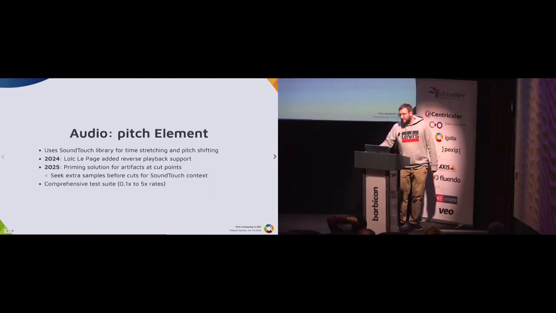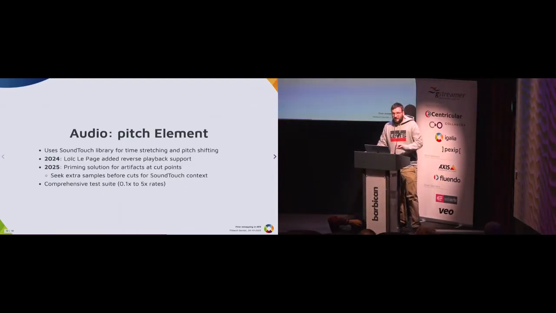And in the end, what we needed is to seek a bit before on the cut points, so that we could have the necessary context to avoid artifacts when you stitch two audio streams together. And then at the element level, you just drop the extra samples that you don't need, but at least you can have exactly the right samples.